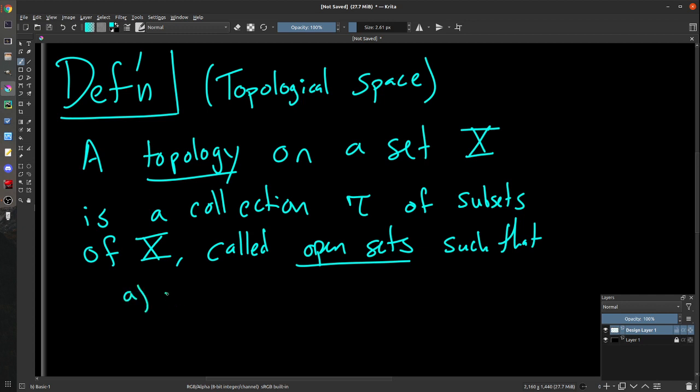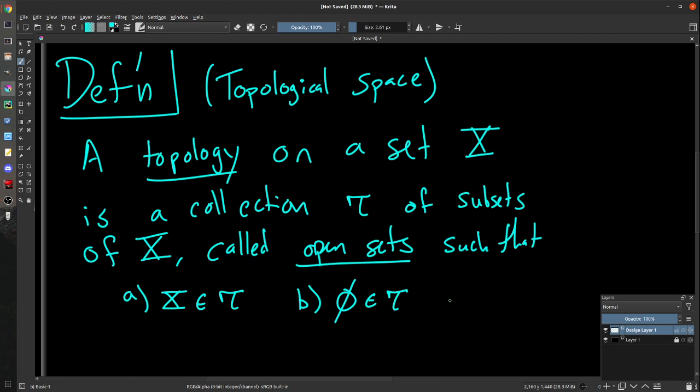A, the entire set is an element of the topology. B, the empty set, that is the set with nothing in it, is an element of the topology.